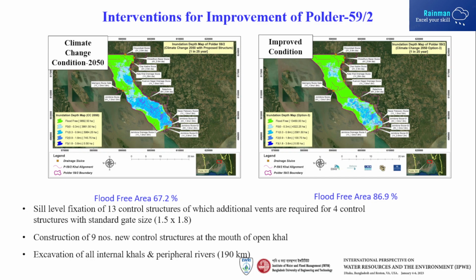And we have to fix the sea level of 13 control structures, and sorry, 4 additional vents should be required in 4 control structures, and 9 new control structures should be constructed, and 190 kilometers of canals and peripheral river need to be excavated.